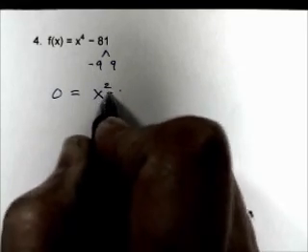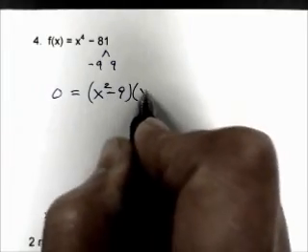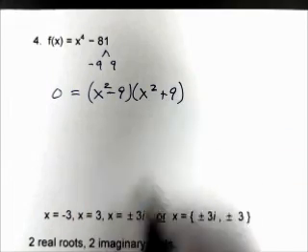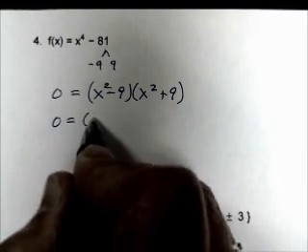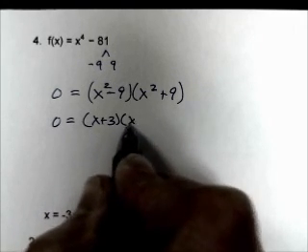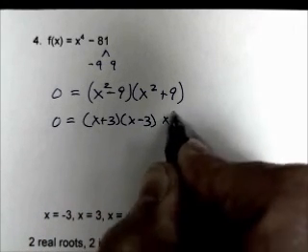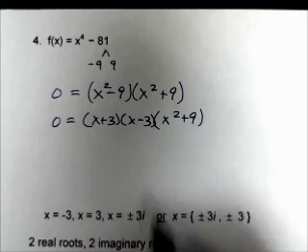X squared minus 9 times x squared plus 9 equals 0. The x squared minus 9 factors further into x plus 3 times x minus 3. X squared plus 9 does not factor any further.